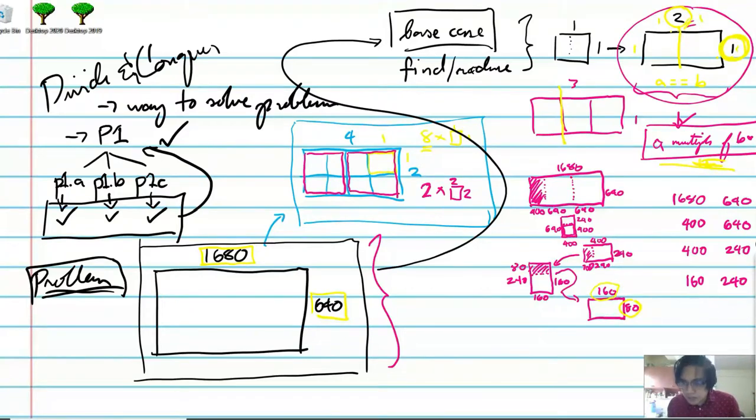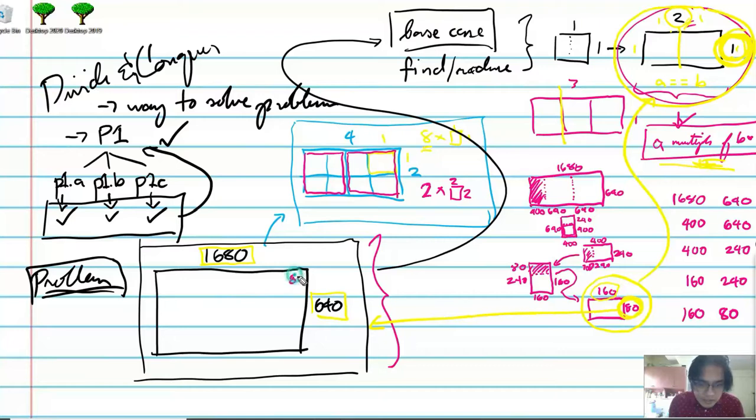So in our last iteration, where we get a measurement of 160 and 80, when we are able to reduce the problem to the properties of the base case, then we can safely conclude that the number that divides the other perfectly is the measurement we can use to divide the whole problem evenly. So we can safely say that, friends, 80 by 80 square is the answer.